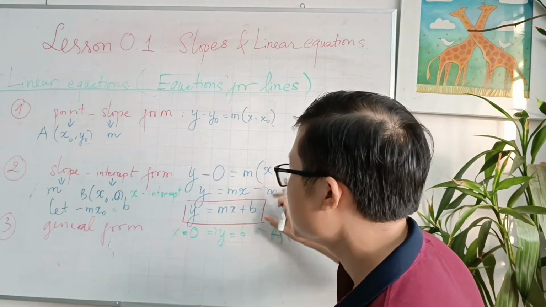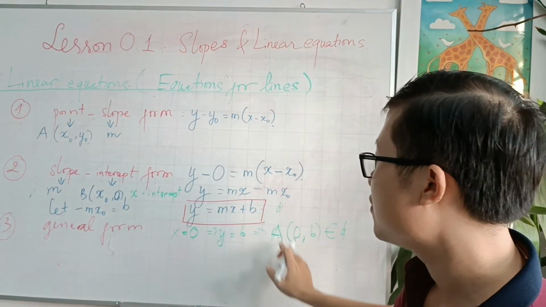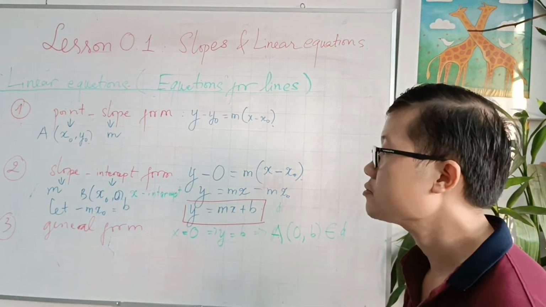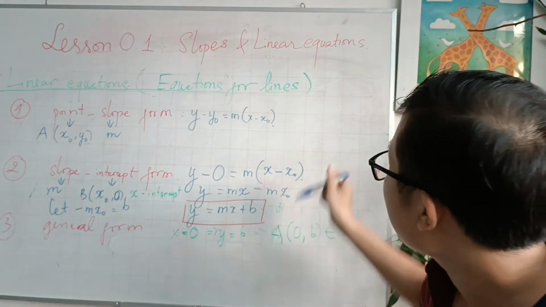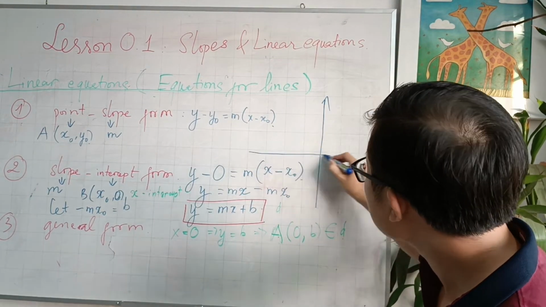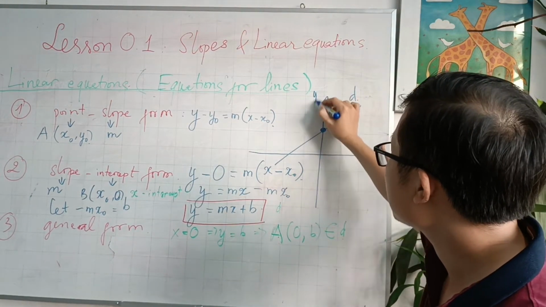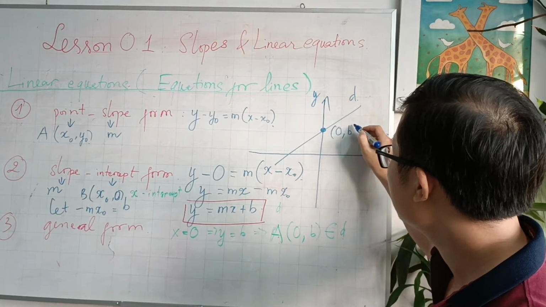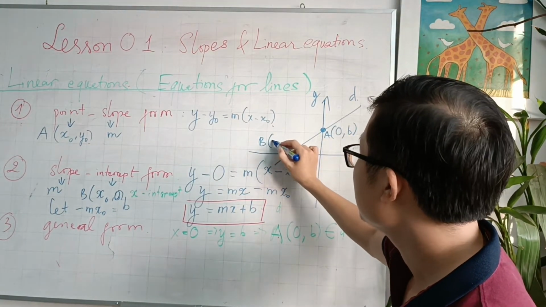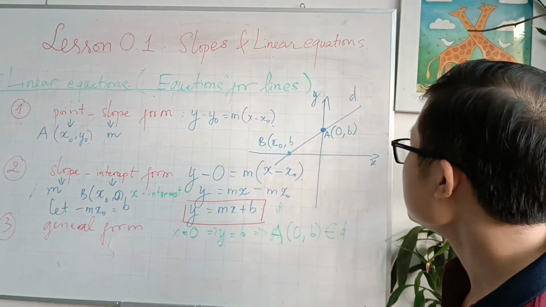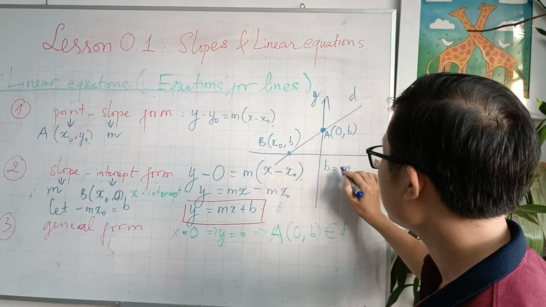So we can write this slope-intercept form by using the y-intercept (0, b), and we have this form directly. On the line d, the y-intercept is (0, b), and b here equals negative mx0.